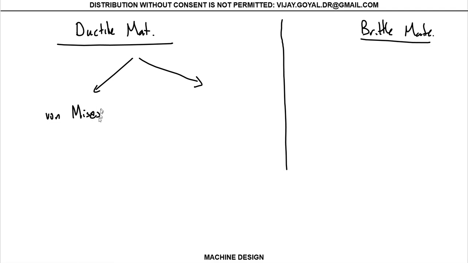For the von Mises, I can find sigma equivalent alternate, sigma equivalent mean. And then also what I could do is use principal stresses. For the principal stress scenario, we just find sigma 1A, sigma 1m.